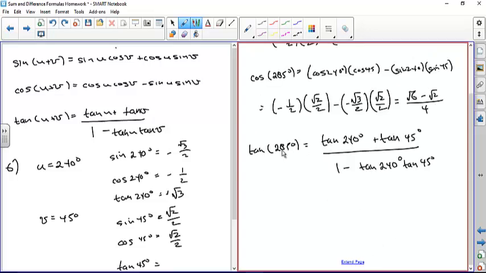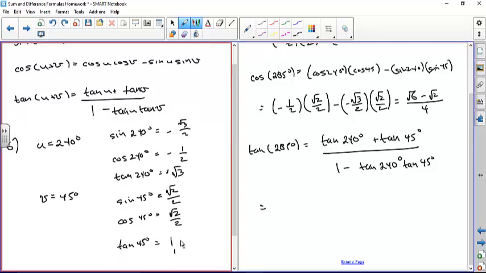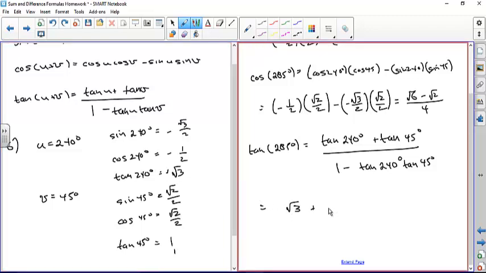And 285 is in the fourth quadrant, so the tangent should be negative. Okay, so the tangent of 240 is the square root of 3. We add the tangent of 45, which is 1. Divide by 1 minus the tangent of 240, which is square root of 3, times the tangent of 45, which is 1.